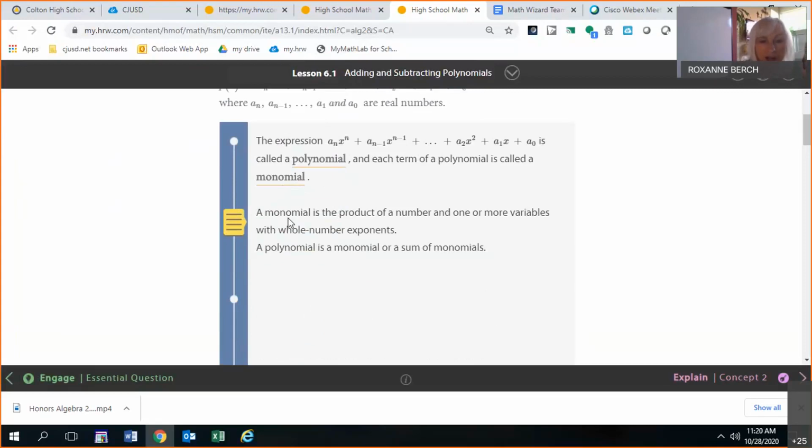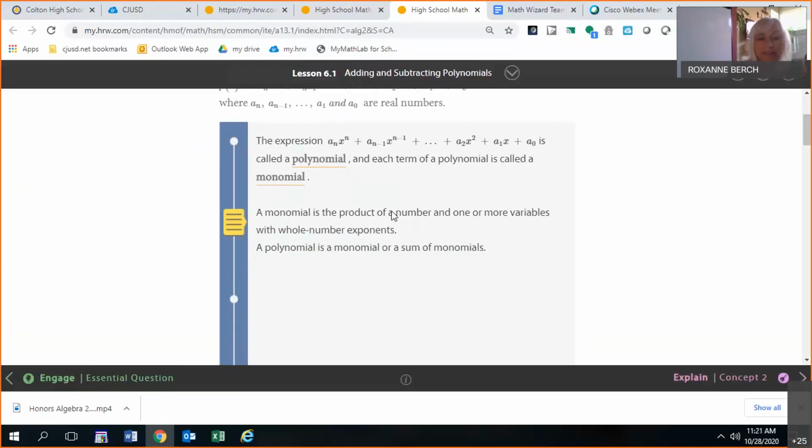A monomial is actually a number or a variable or a product of numbers and variables. So once again, a monomial could be a number, it could be a variable, or it could be a product of numbers and variables with whole number exponents.